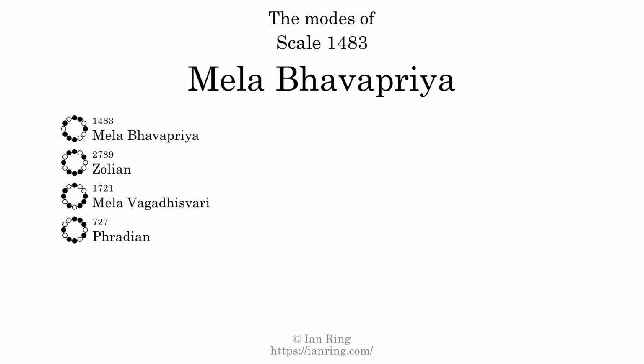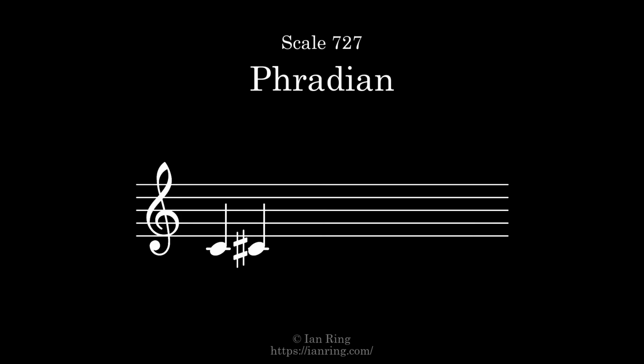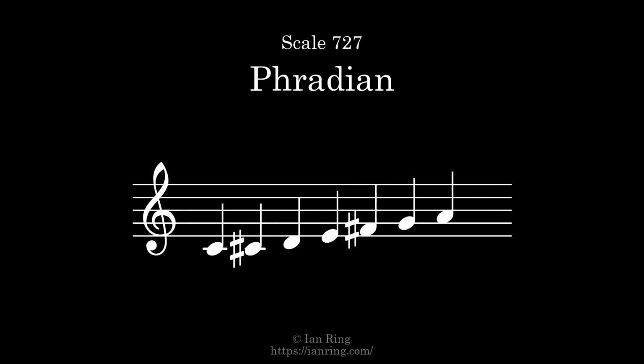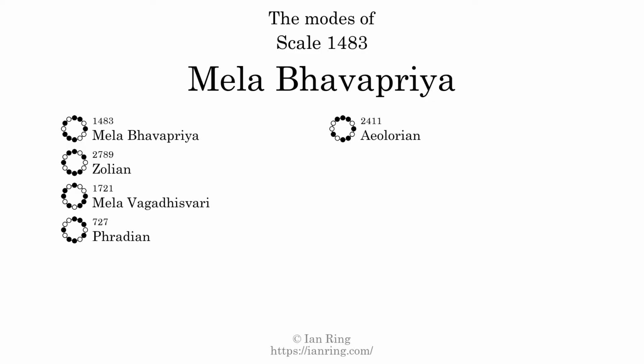The fourth mode is scale 727, also known as Freudian. It sounds like this. The fifth mode is scale 2411, also known as Eulerian. It sounds like this.